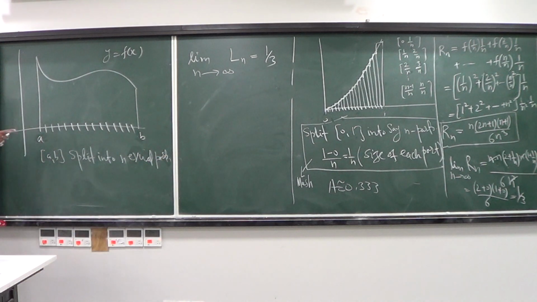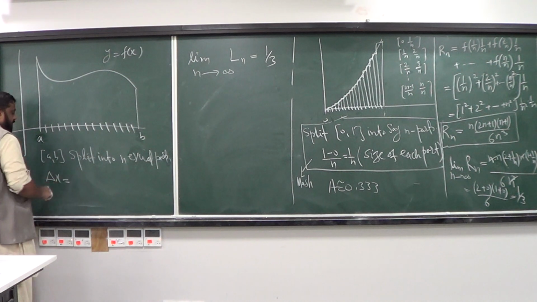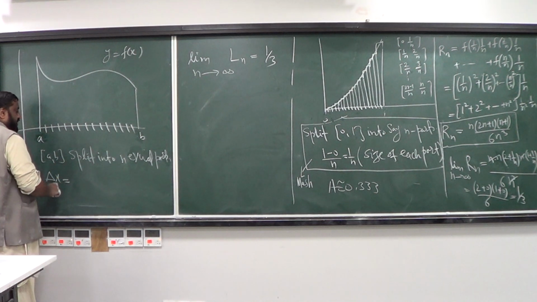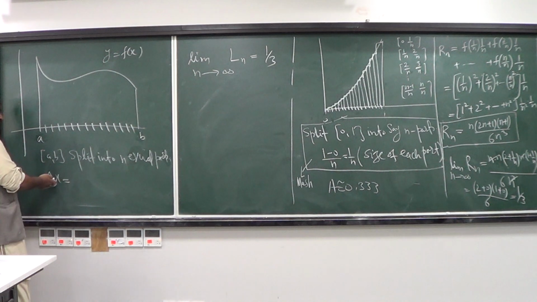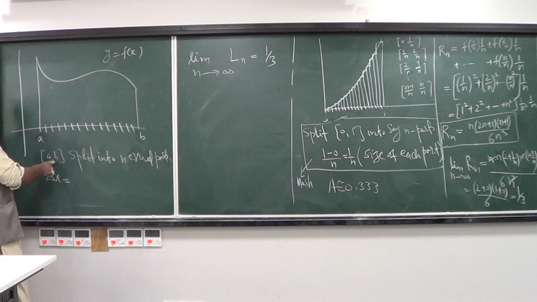So if you are splitting this interval into n equal parts, what is the size of each equal part actually? The size of each equal part is going to be a fixed number. I'm calling it delta x. So how to compute this delta x, which is the size of each of these subintervals?